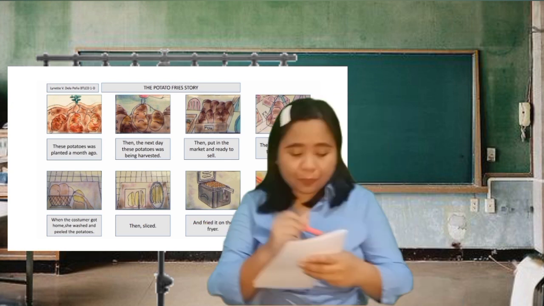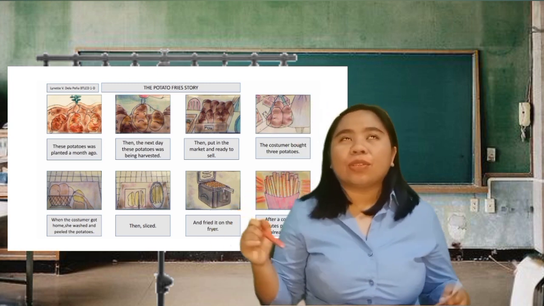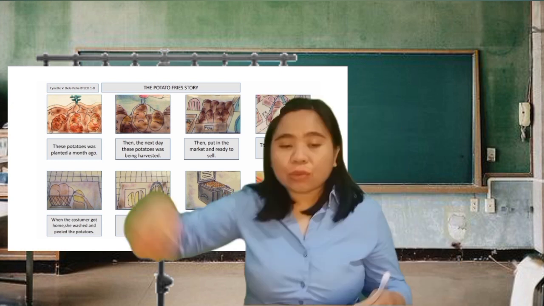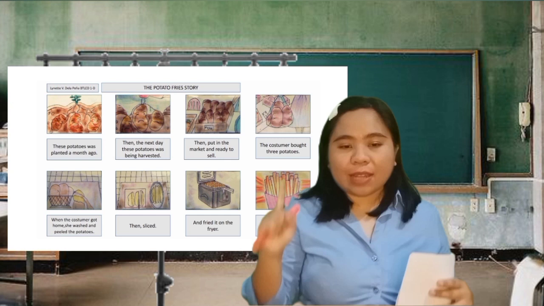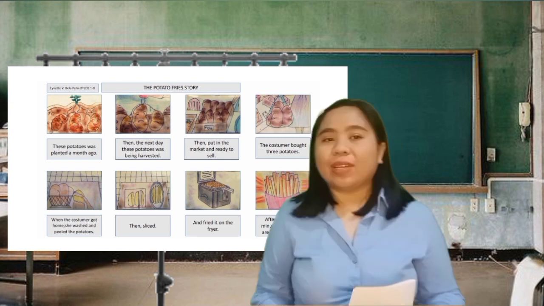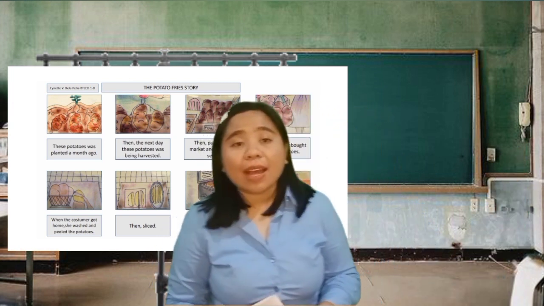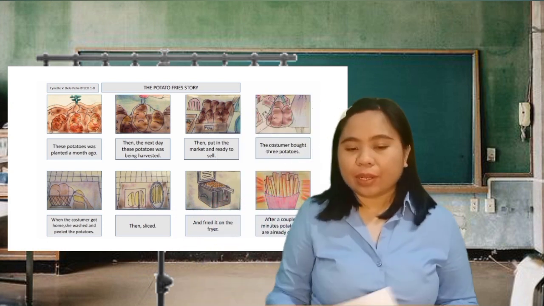I just decided whether I will use 6 frames or 8. But for me, 8 frames are enough to visualize my story. So it's up to you whether you will use 6 or more frames in making a storyboard.